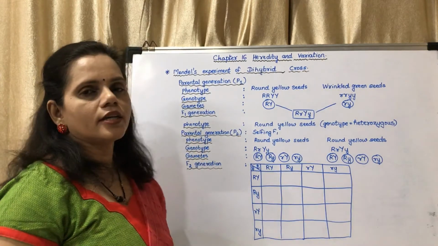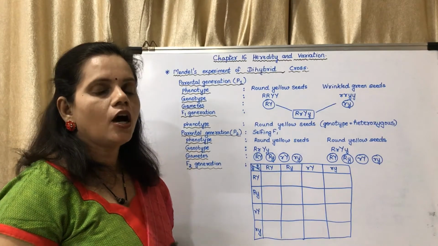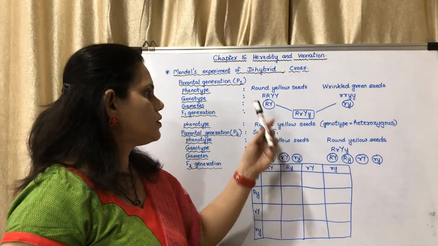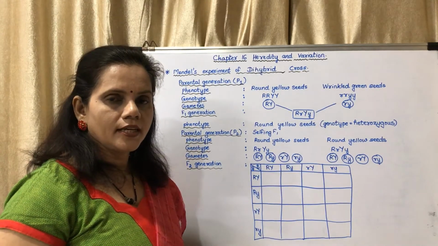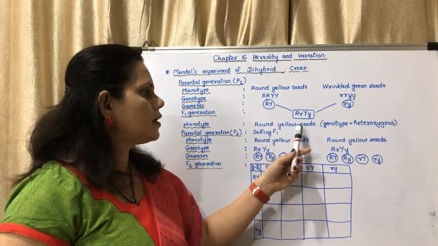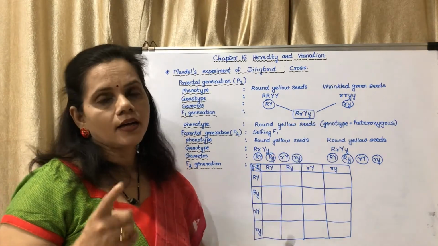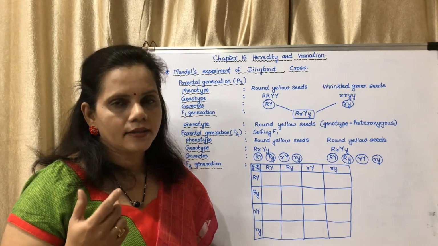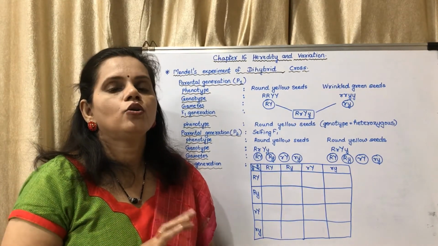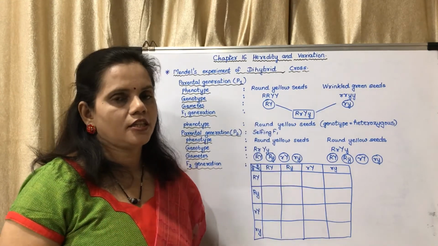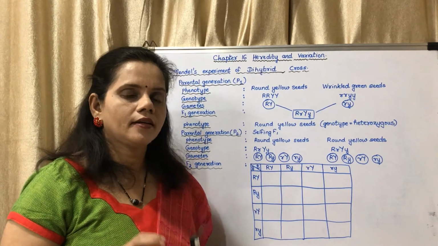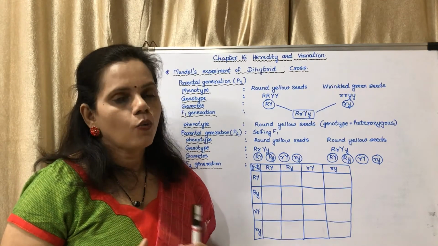What will be the phenotype of that generation? All of the plants formed by the cross of these will have round yellow seeds. Not a single plant in the first generation will have wrinkled green seeds. Why?